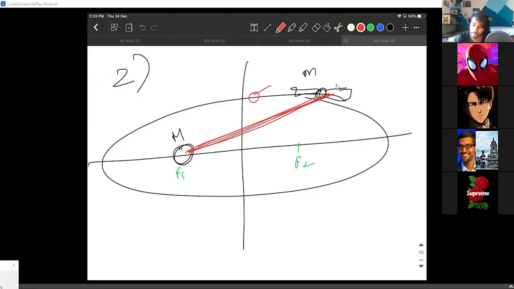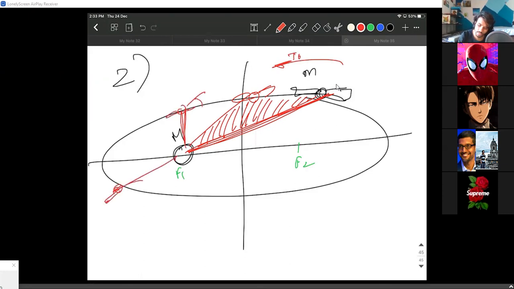Let us say from here to here it took some time t0, and from this position to this position, it again took time t0. So this area and this area are equal. That is what Kepler's law says: area 1 and area 2 are equal since the time periods are equal.